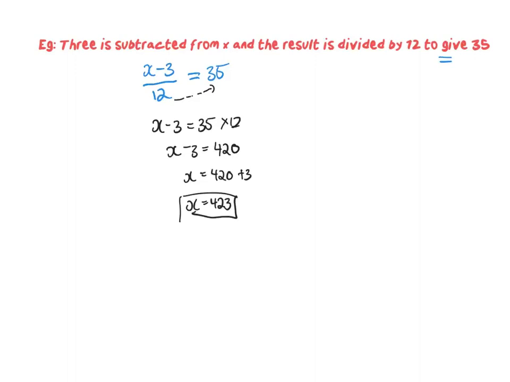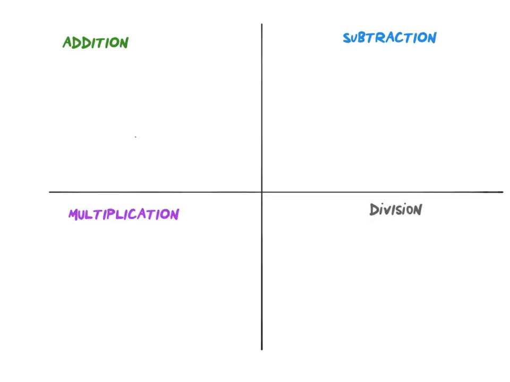Okay, so on the next page we're going to write some keywords for certain operations to help us. In your reference book, you might want to draw up a table like this, just with 4 spots, and we might put in words that we know indicate these separate things. So, for example, we've got addition.